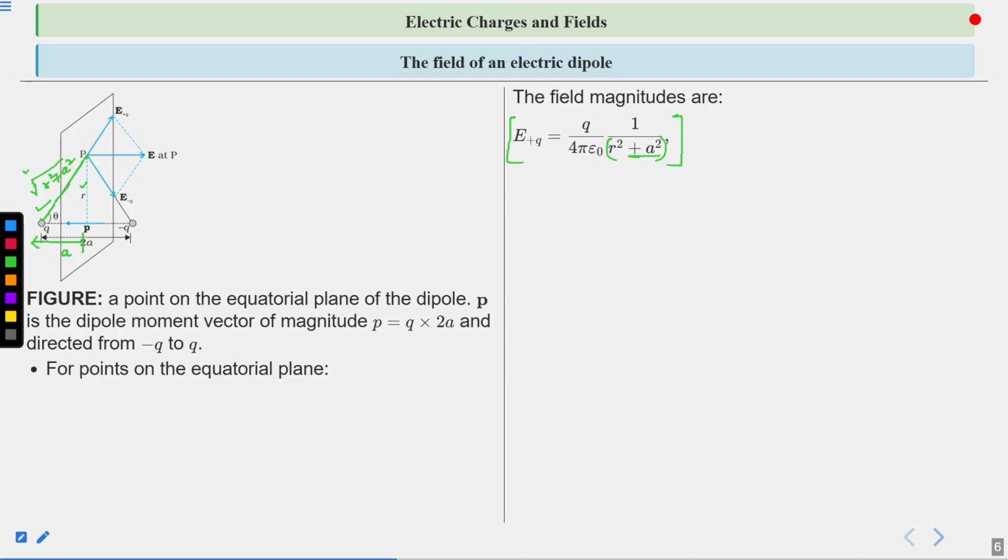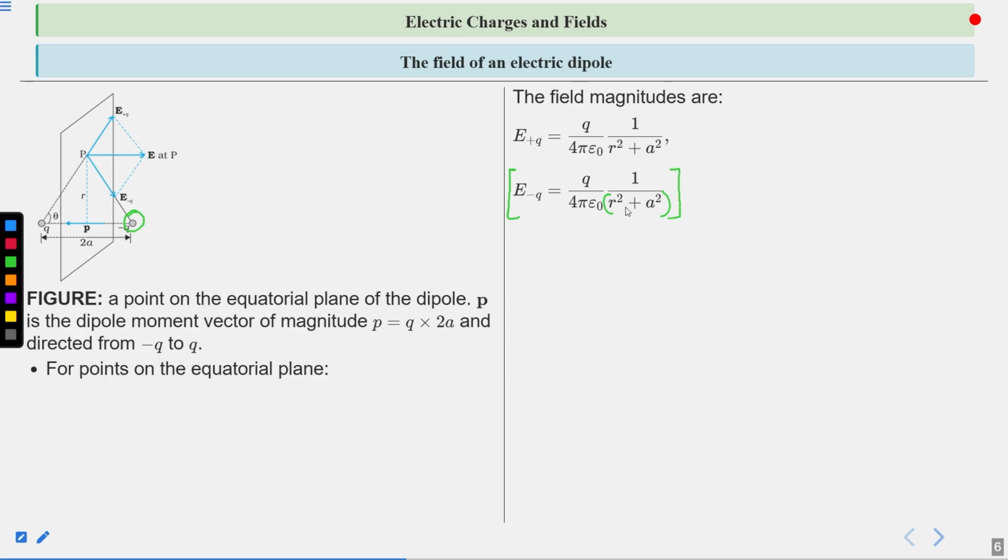Similarly, this distance is equal if we talk about the charge minus q. So it will also be under root r square plus a square, yes or no? So the magnitude of electric field due to charge minus q is q divided by 4 pi epsilon naught, 1 upon distance square, and the distance square is r square plus a square.